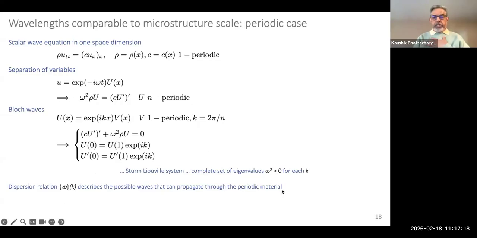So there's a complete set of eigenvalues omega squared. And that determines all possible waves that can propagate through the material.